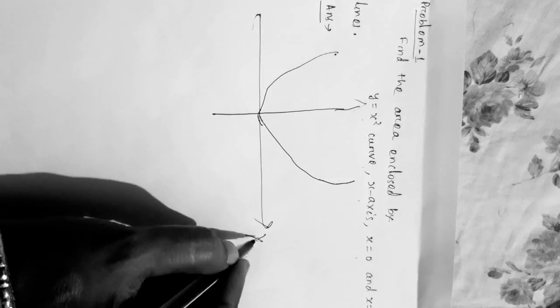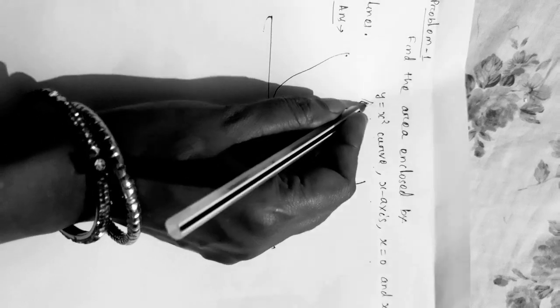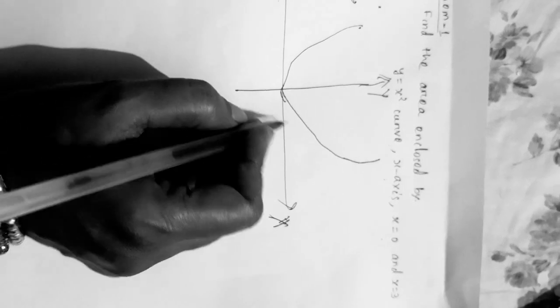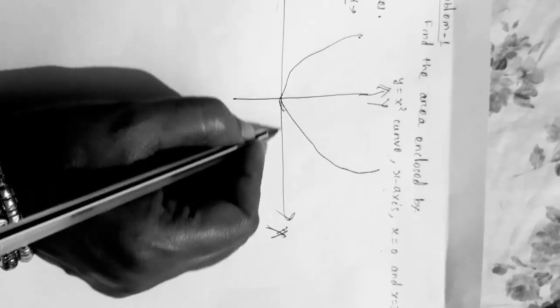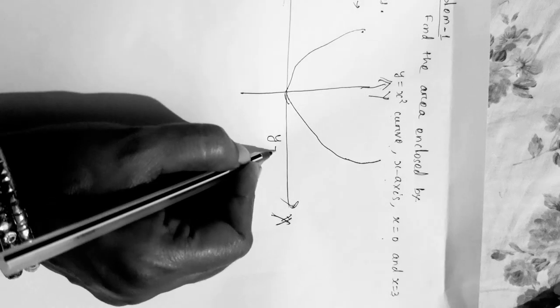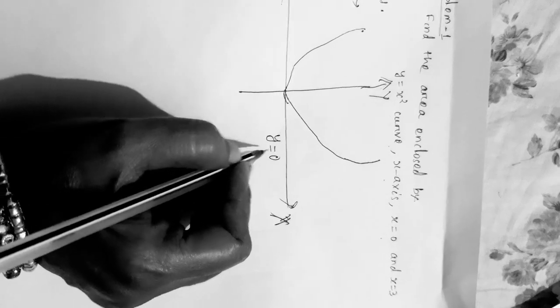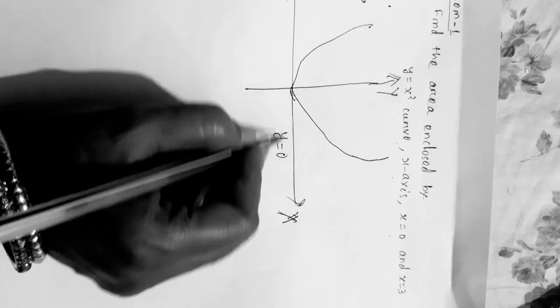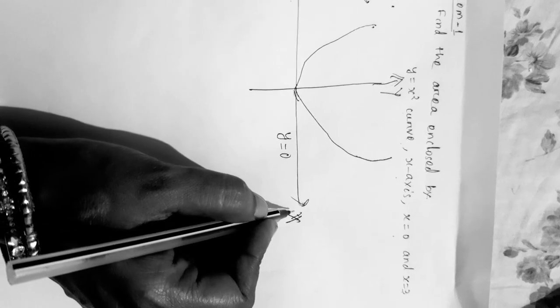This is your x axis, this is your y axis. Then the equation of the x-axis is y equal to 0, because the y coordinate of each point on the x-axis is 0.